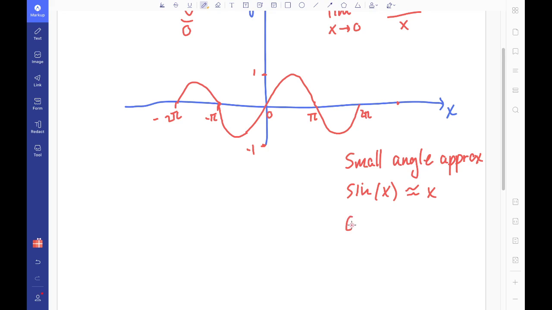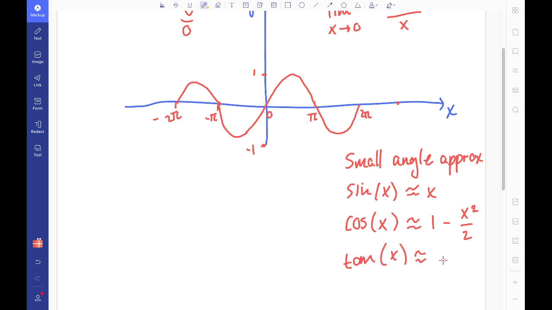And just in case you want to know, the small angle approximation for cos x, well, if it's very small, you can approximate it to 1. But if you want to include x as a variable, you might want to consider something like 1 minus x squared over 2. Okay, and for tan x, well, you can just think of this as sine x over cos x.